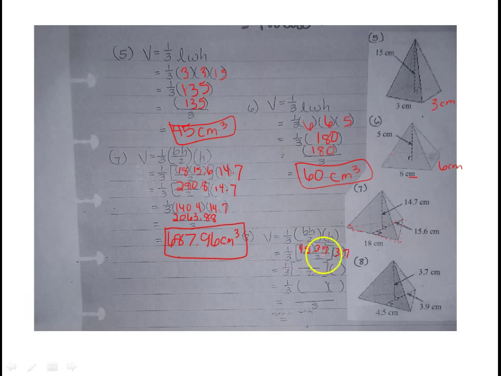All right, so let's do our algebra. 4.5 times 3.9 is 17.55. And of course, bring down your 3.7. So 17.55 divided by 2 is 8.775. And we're going to multiply that by 3.7.